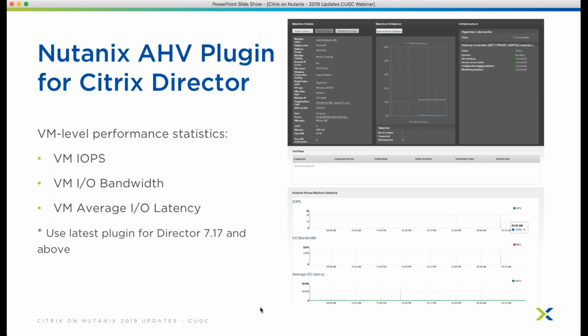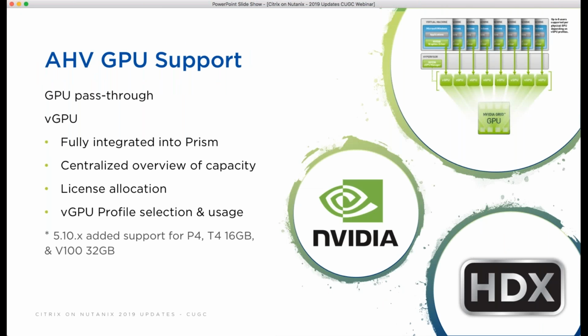The next thing is we do have GPU support. We had this for a while. The main thing we've added here is vGPU under NVIDIA. In our 5.10 release, we added support for the P4, the T4 16 gig, and the V100 32 gig. In earlier releases, we supported the M10, the P40, and the V100 16 gig.